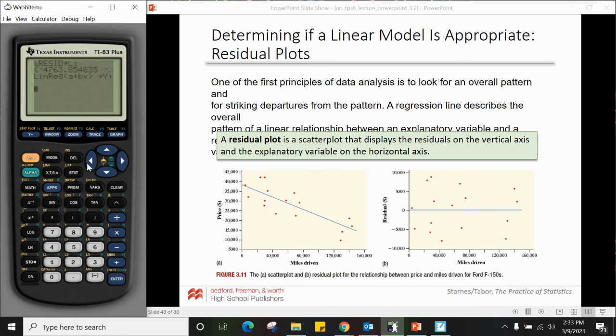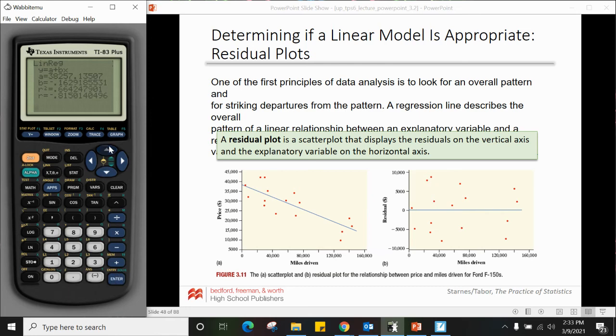Enter. Ooh, okay, let's try that again. I don't think it's store. I think it's just y vars, function, y1.